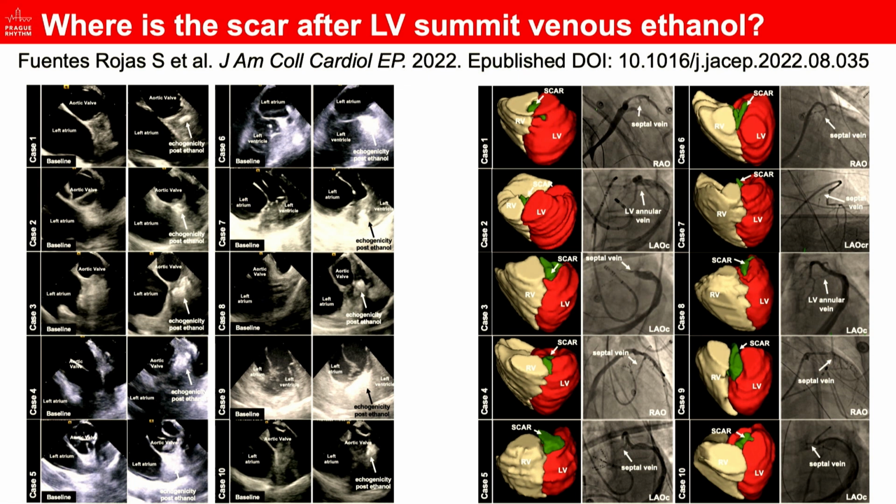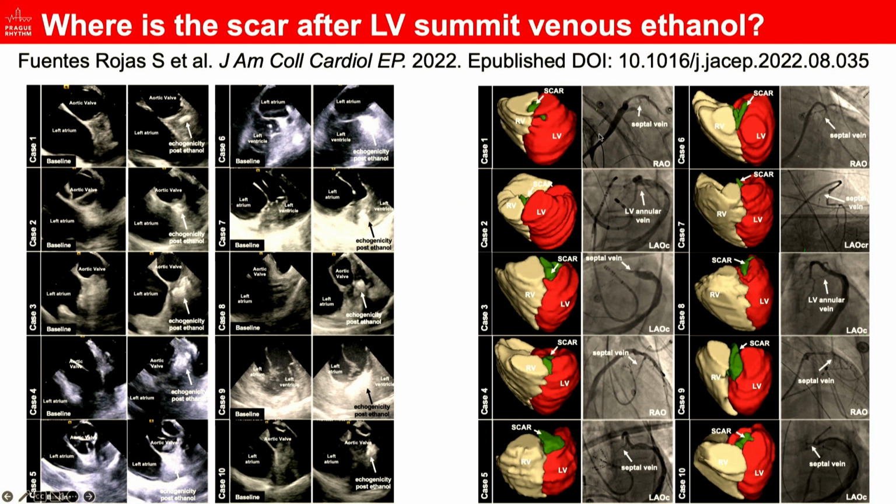We did a systematic study of quantifying, to the extent that we could with ICE, the echogenic area, and with MRI looking at the enhancement on 30-day MRI to look at the extent of scar after LV summit ethanol infusion. These are 10 examples of baseline and after alcohol echogenicity. You can see discrete areas of echogenicity develop in the areas that we were targeting, and we can outline it on Carto and calculate the volume.